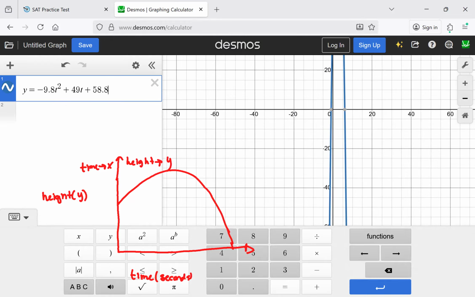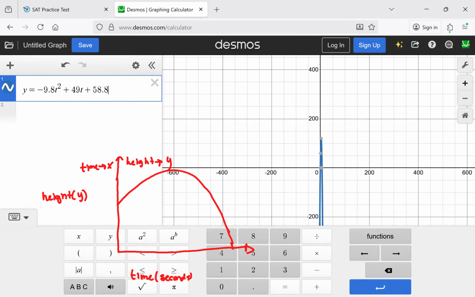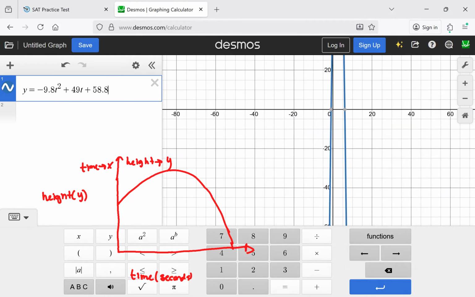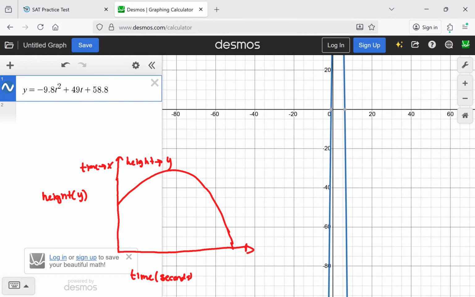Okay, if I zoom out, they want to know the x-intercept. So it's this one, 6 and -1. But you can eliminate -1 because you can't go back in time. So your answer should be 6. At 6 seconds, that's when it would hit the ground.